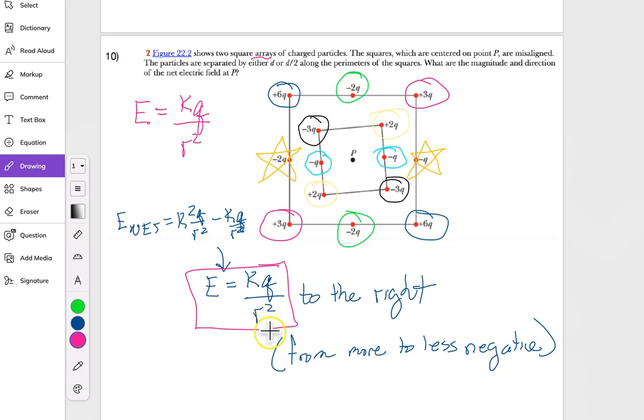And we always think about the electric field going from a more negative to a less negative for this one. So this one, the net electric field is actually going to what it seems to be to the right. And so that is the end of this homework.